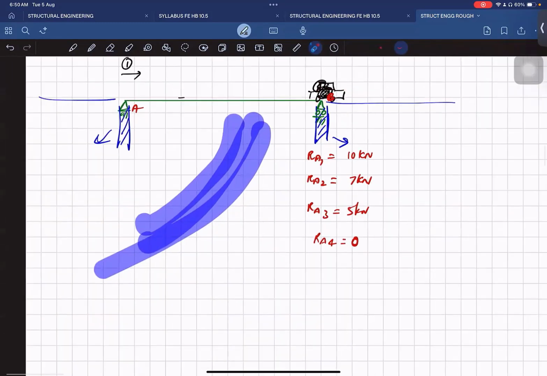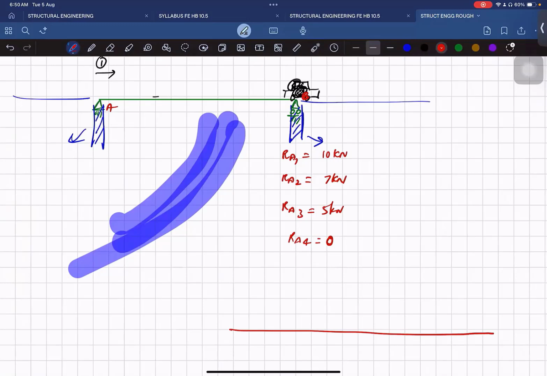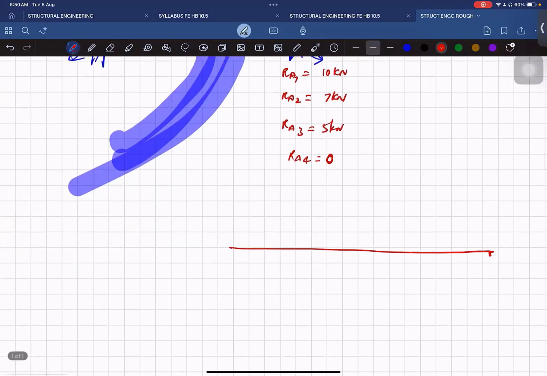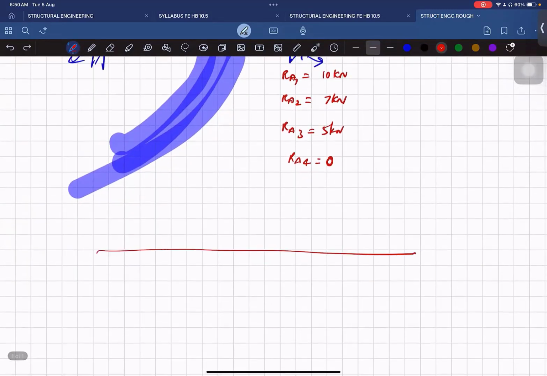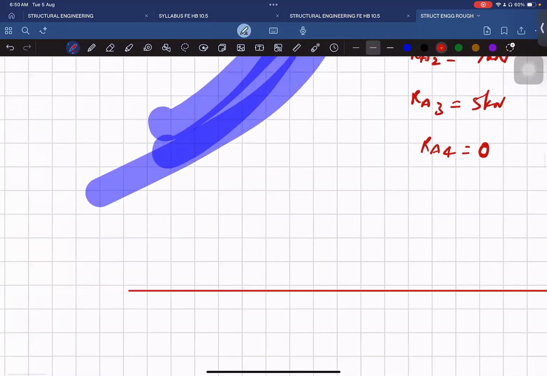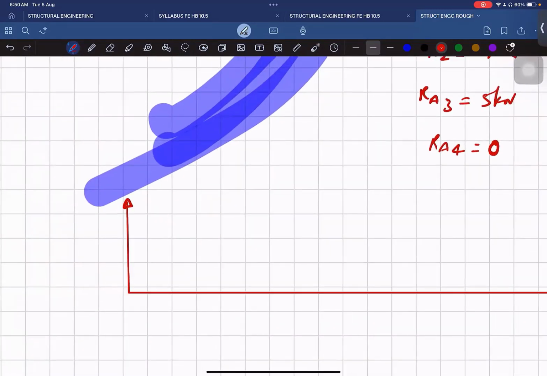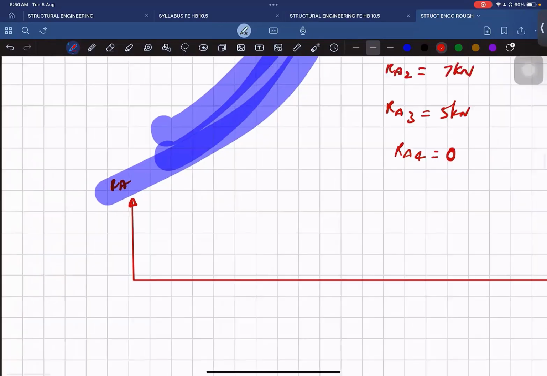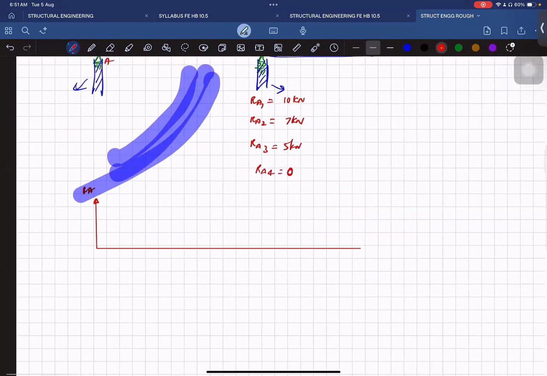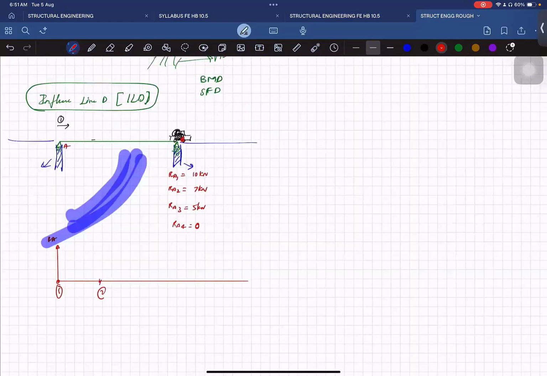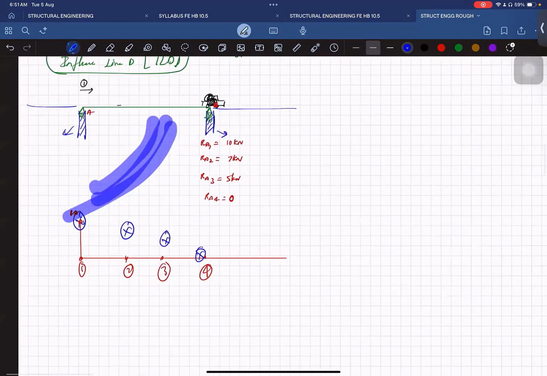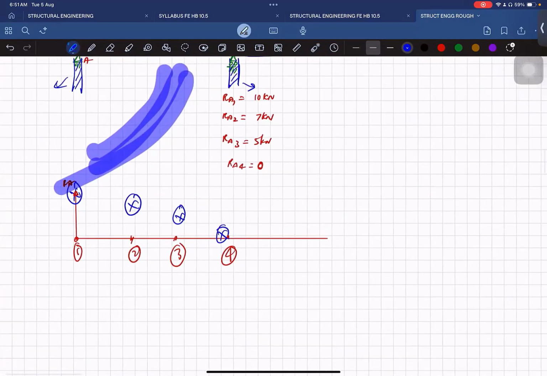So now, when I draw a diagram, I mark a horizontal reference line, and on the y-axis I mark the magnitude of the reaction at A. And if I plot at different locations, location 1, 2, 3 and 4, and mark those points, it was 10 kilonewtons here, 7, 5, 0. And if I join these points, it will be a straight line.